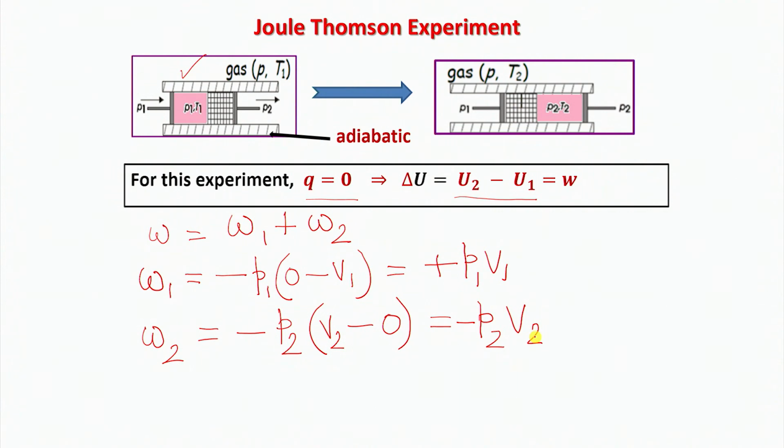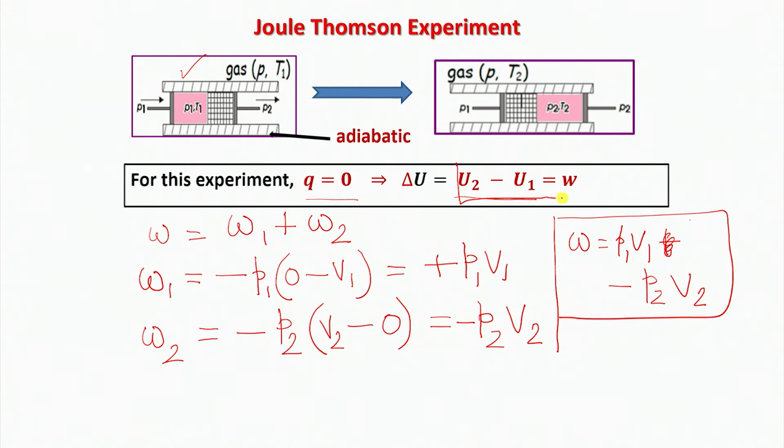So, what is W? The total W in this case, therefore, turns out to be P1 V1 minus P2 V2. Now, if I want to combine this expression with this expression, what should I get? I get U2 minus U1 equal to P1 V1 minus P2 V2.